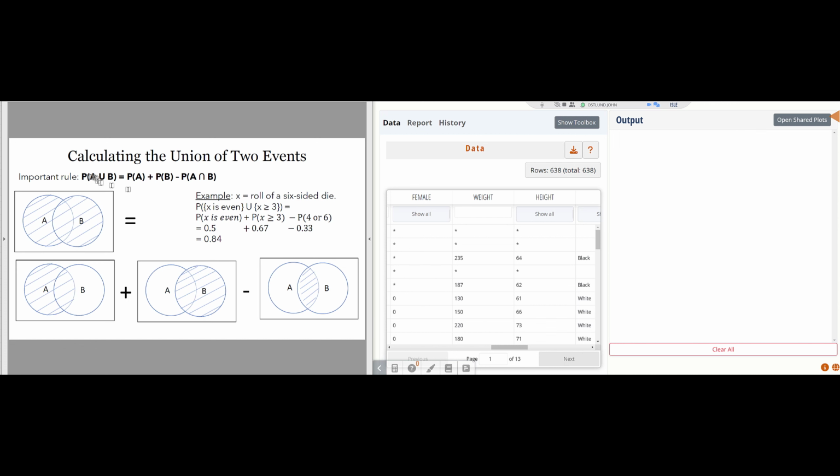Okay, so the probability that either A or B occurs is going to be the probability that A has occurred. All right, that's just going to be the proportion of human beings that are men, something like 0.5, a little bit less.